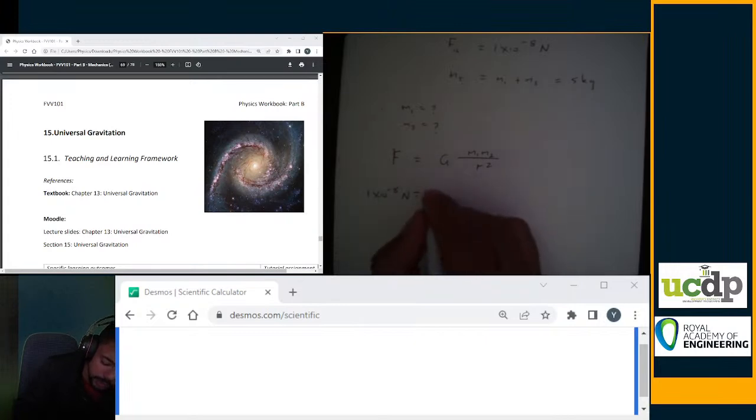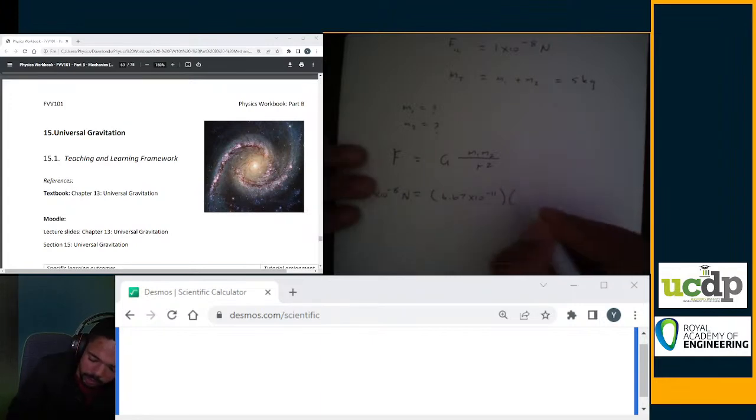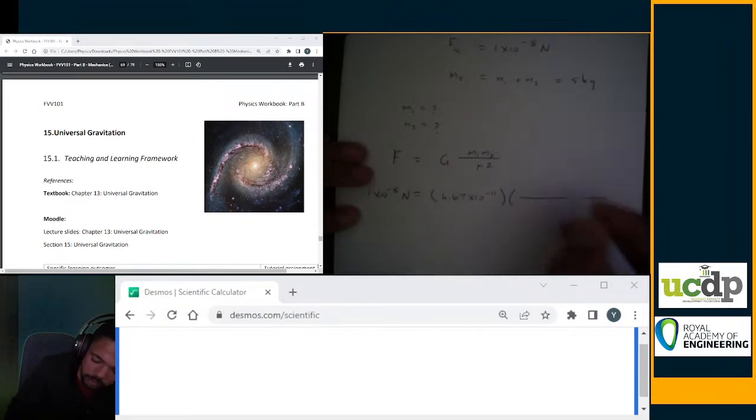The gravitational constant is equal to 6.67 times 10 to the negative 11. Then we have the mass of one particle, M1, multiplied by the mass of M2.